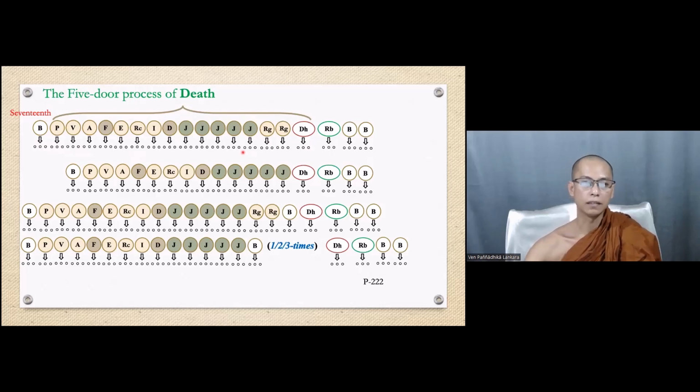Now we understand the last moment and the succession of the karma-born materiality. That may be different according to how many times of the past bhavanga. Sometimes even the past bhavanga can be like this. So another type is also possible.